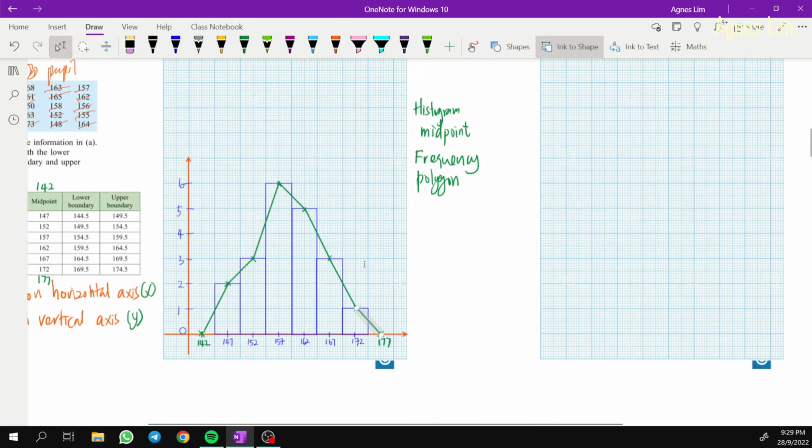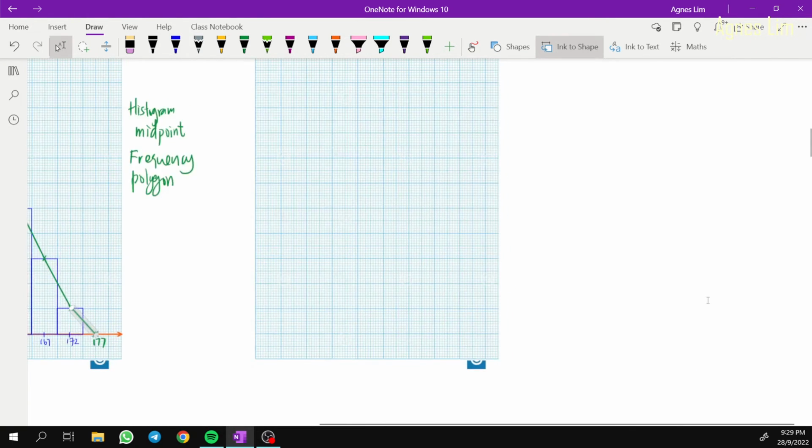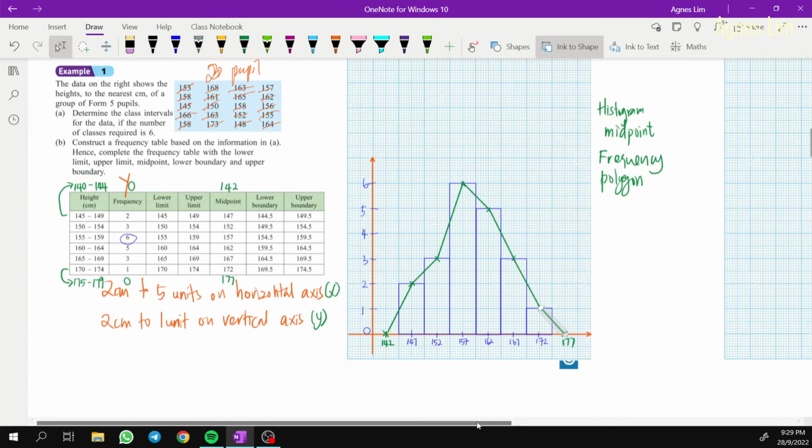Now if we were to draw the frequency polygon on its own, we're going to use another graph. We're going to do exactly the same thing as we did here, except it doesn't have the histogram. So I'm going to use the exact same scale with the same frequency, but without the histogram.